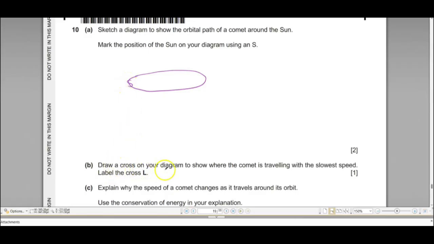Draw a cross on your diagram to show where the comet is traveling with the slowest speed. So the comet will be traveling at the slowest speed when its distance from the sun is the greatest.